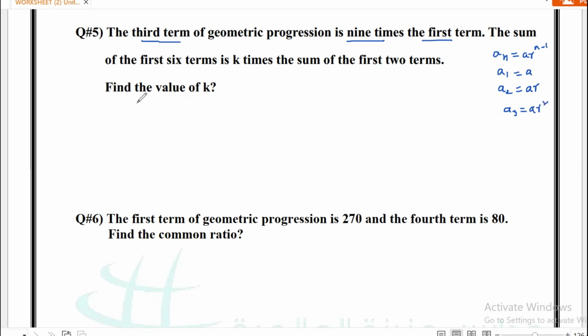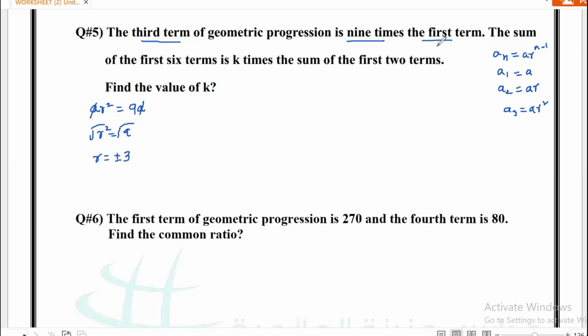So the third term means ar square is equal to 9 times the first term, means 9a, because the first term is a. Fine. So from here we can find r easily, cancel a from both sides. So r square is equal to 9. By taking the square root on both sides, we get r equals plus or minus 3.